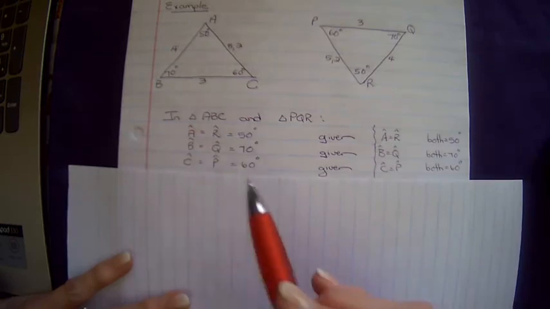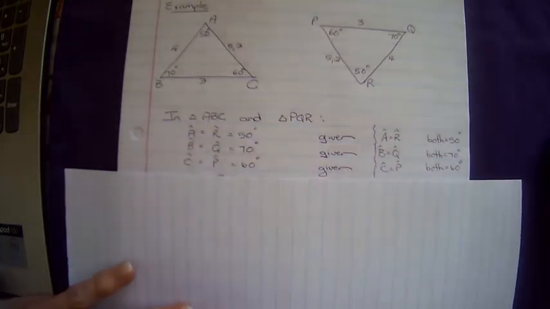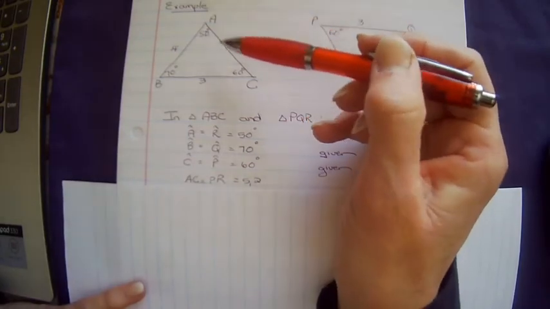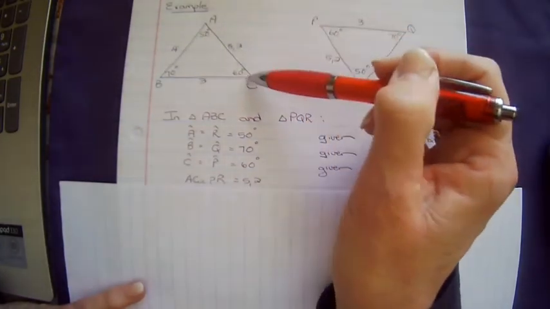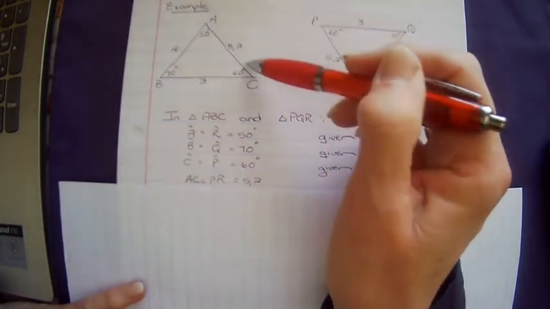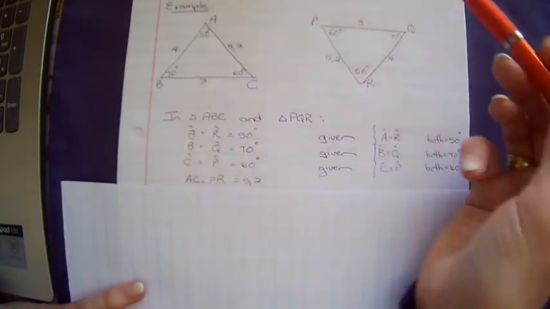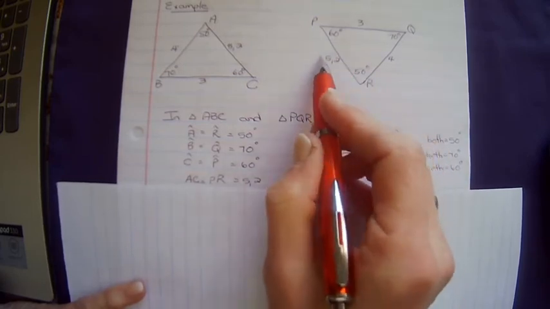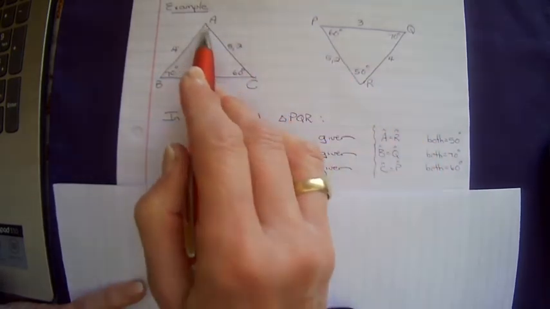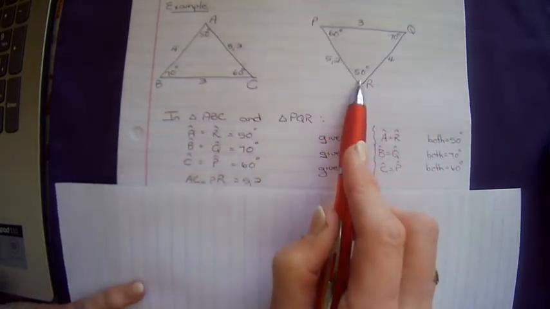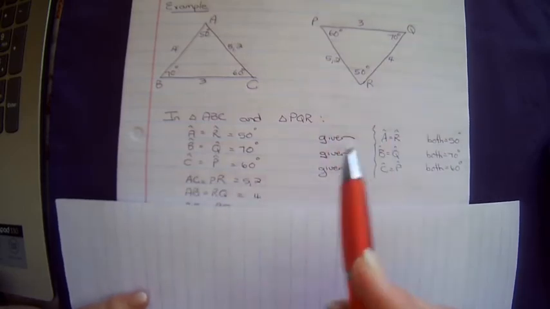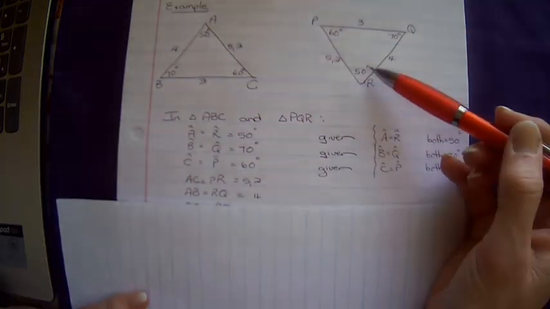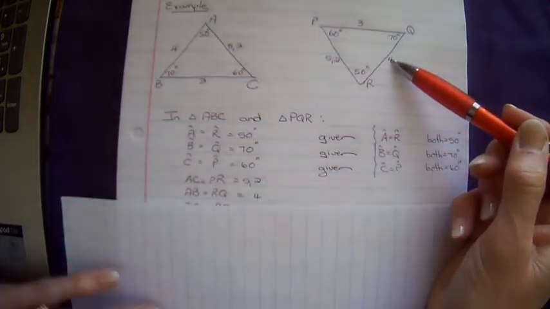So now I must try to find out whether the sides are equal, and that these must be the corresponding sides. Now if I look at AC, AC is 52, and AC is between the 50 and the 60. And on that side, between the angle 50 and 60 is also 52. So AC is equal to PR. AB is between the 50 and 70, and between 50 and 70 is RQ.